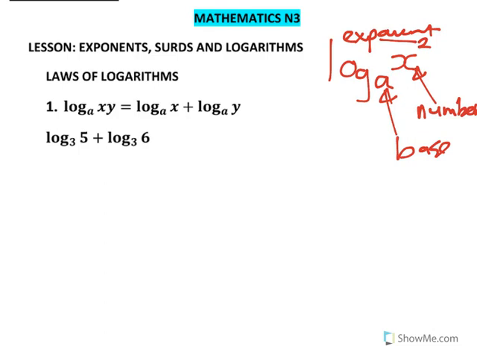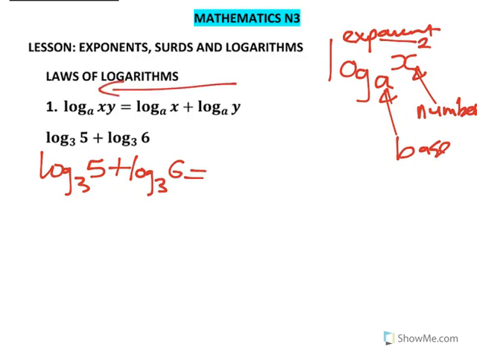So when you're given log base a of xy, you are saying when the numbers are multiplying here, you are going to split them as log base a of x plus log base a of y. For example, look at this question: log base 3 of 5 plus log base 3 of 6. You will read this law going backwards.